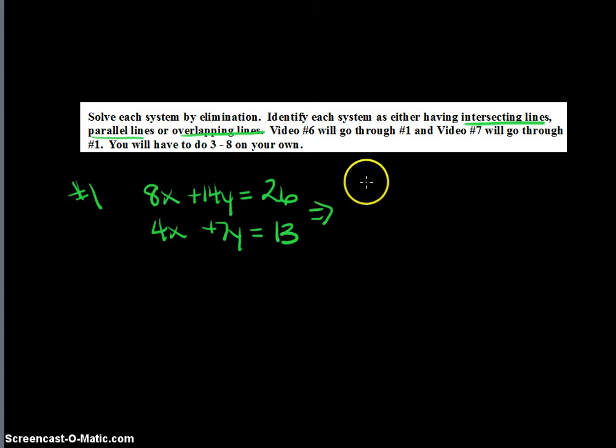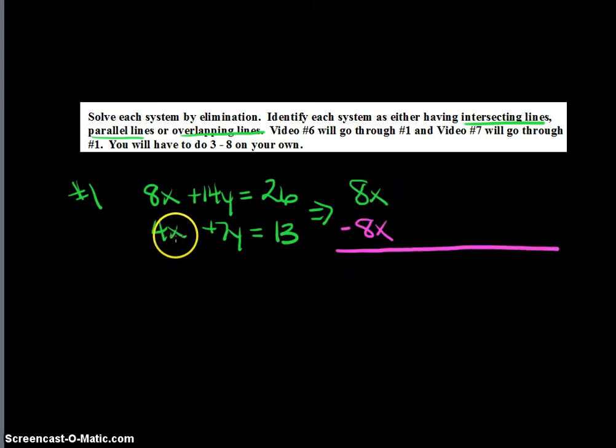So that means I need to have an 8x up top here, and then I need to have something underneath here, a negative 8x to eliminate. So what do I need to multiply 4x by to get a negative 8x? Well, that's multiplying by a negative 2.